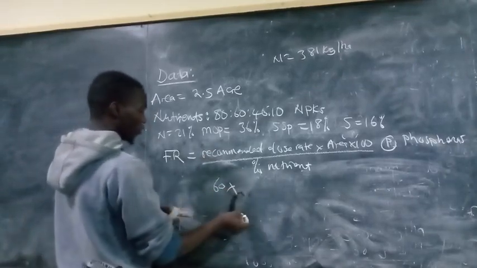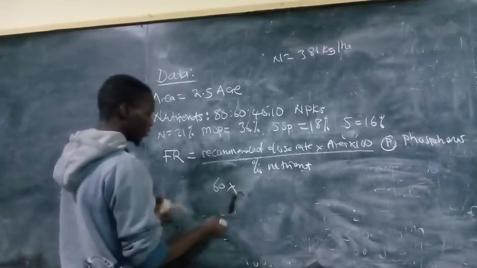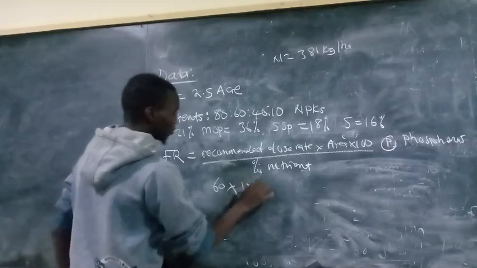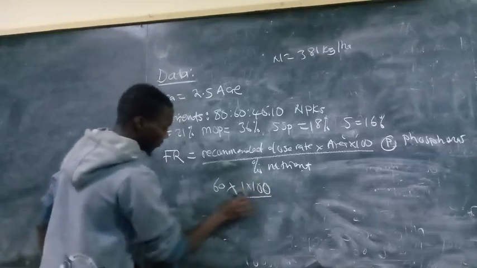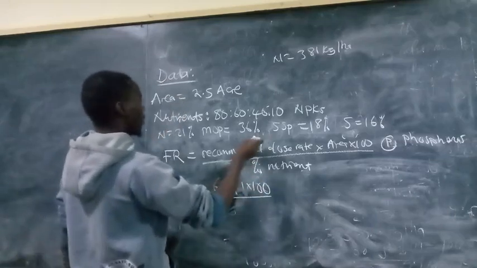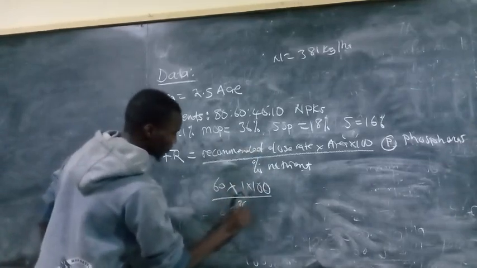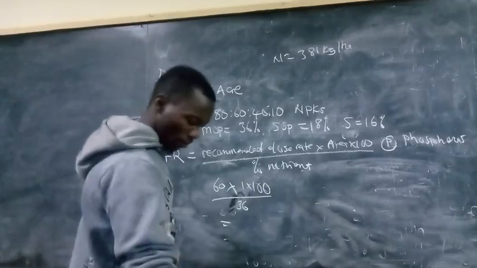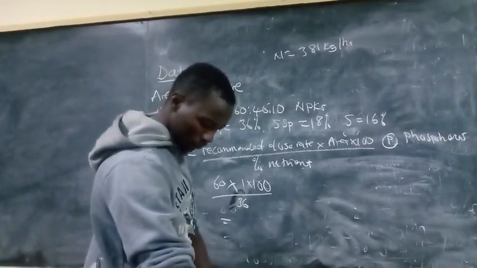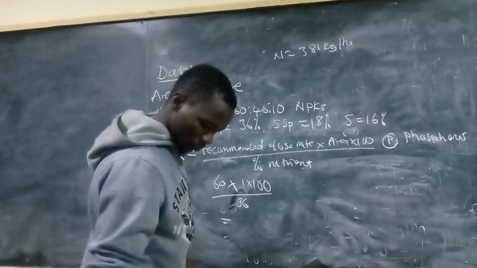I've already shown you how you do it in the hectares, so I'll just use 1. You divide this by 36, which will give me a figure that I'm looking for.